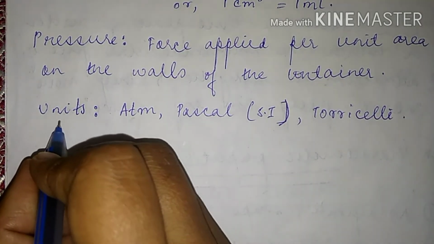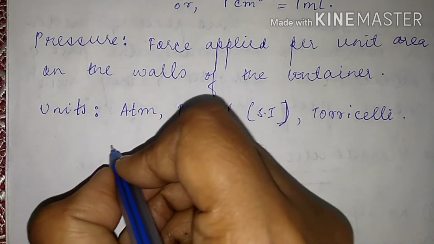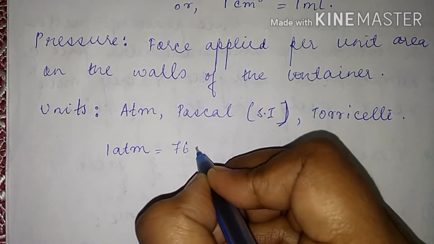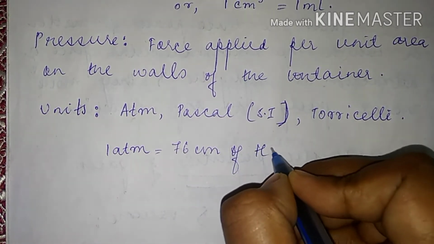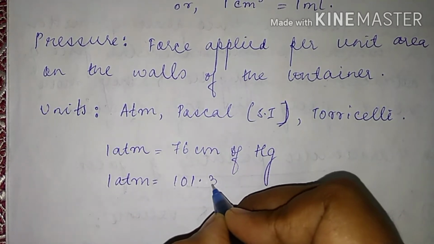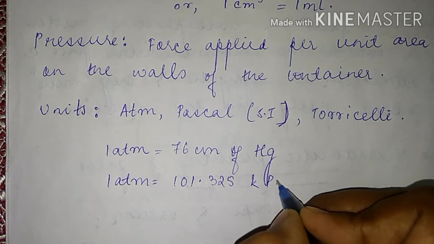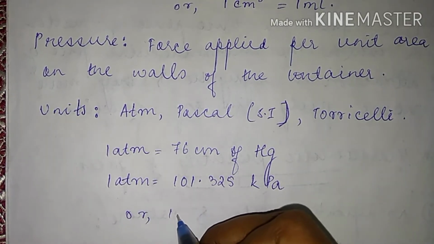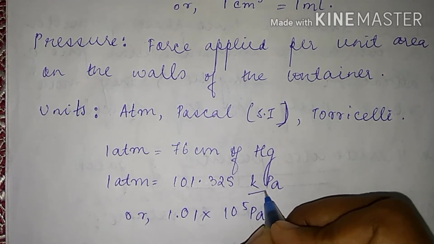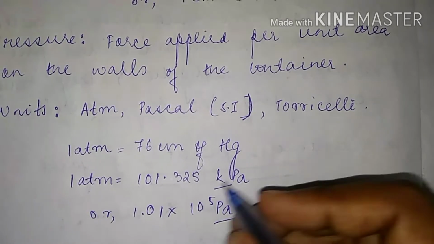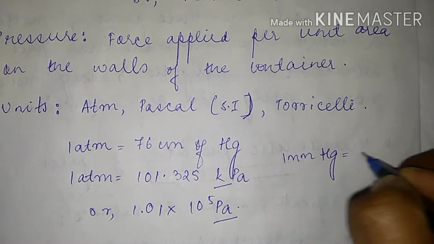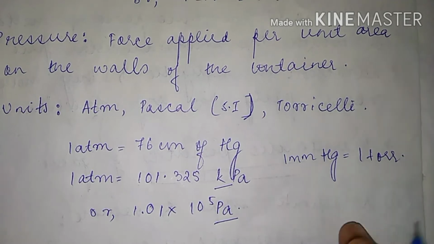The relationships between these units are 1 atm equals 76 centimeter of mercury, or 1 atm equals 101.325 kilopascal, or 1.01 into 10 to the power 5 Pascal. Keep in mind this is kilopascal and this is Pascal. The next one is 1 millimeter of mercury equals 1 torr.